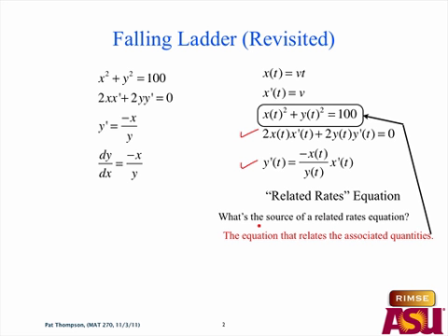So to get a related rates equation, we need to start with the related quantities equation. The quantities x and y are what's related, so we need an equation that relates those quantities. And we can use implicit differentiation with respect to t to get the related rates equation.